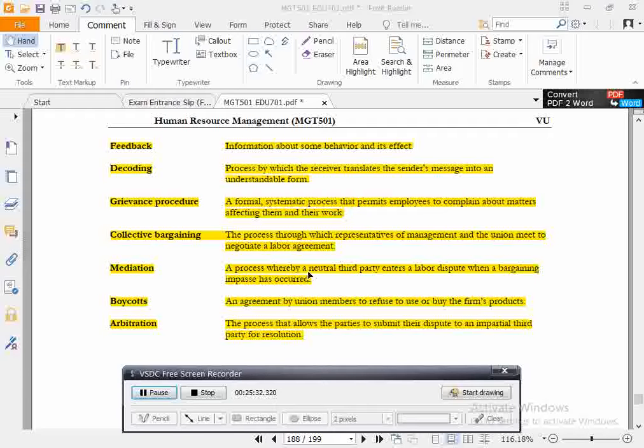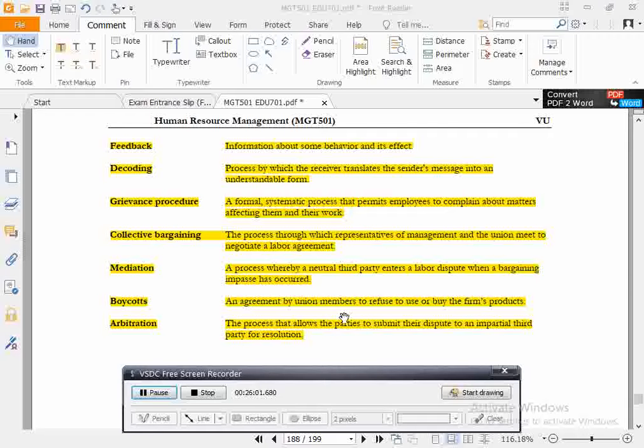Mediation, a process whereby a neutral third party enters a labor dispute when a bargaining impasse has occurred. Boycotts are an agreement by union members to refuse to use or buy the firm's products.